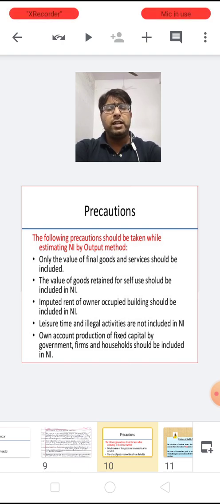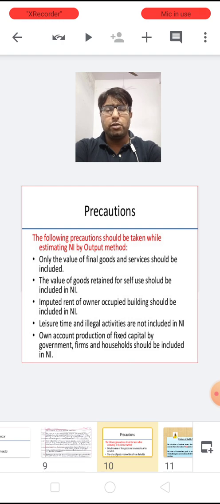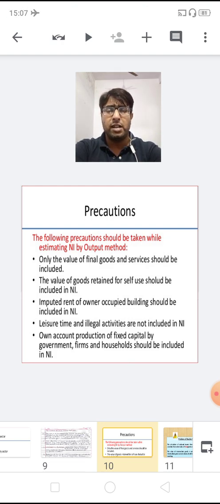Second, the value of goods retained for self-use should be included in national income. This value will definitely be included because we are using it for self-consumption, so it creates a value added in the market.